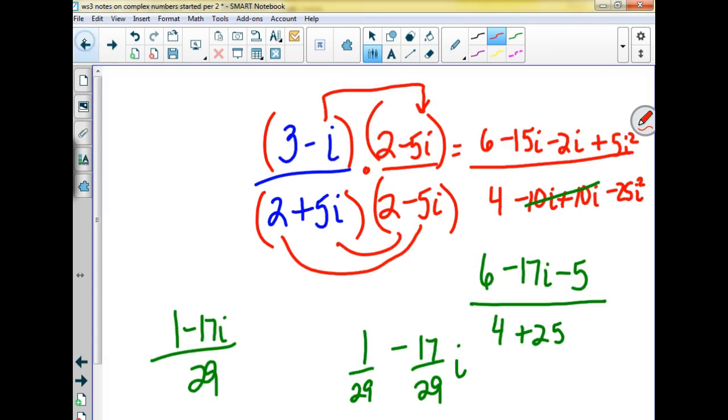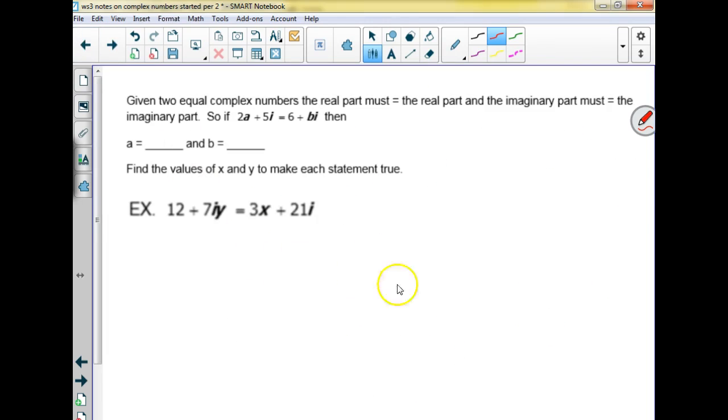I thought I had something else in here though. Oh, this question. Here we go. This looks horrible. On your homework, this is in your notes. It says, given two complex numbers, the real part must equal the real part and the imaginary part must equal the imaginary part. So if you had 2a plus 5i equals 6 plus bi, what do a and b have to be? This is scary because there's 3 variables in there, right?